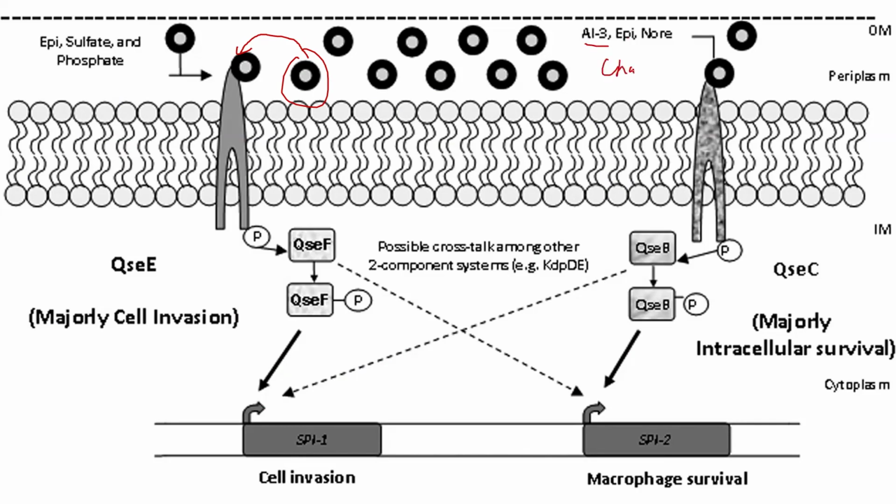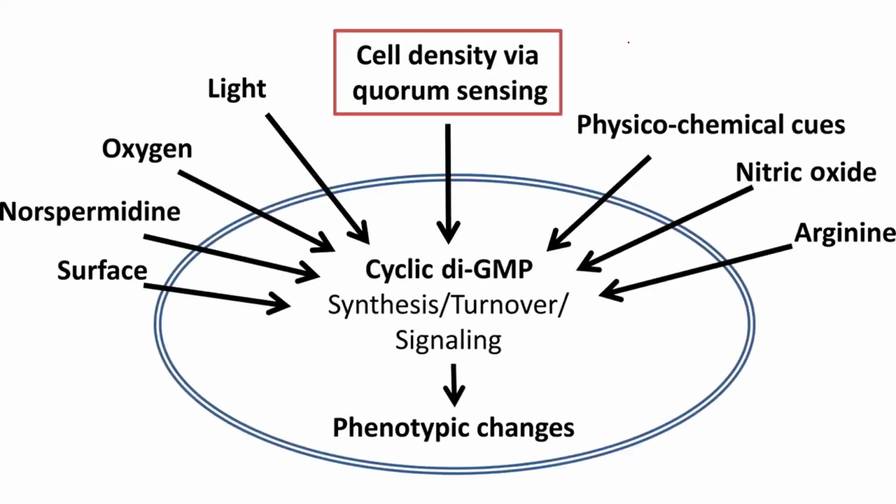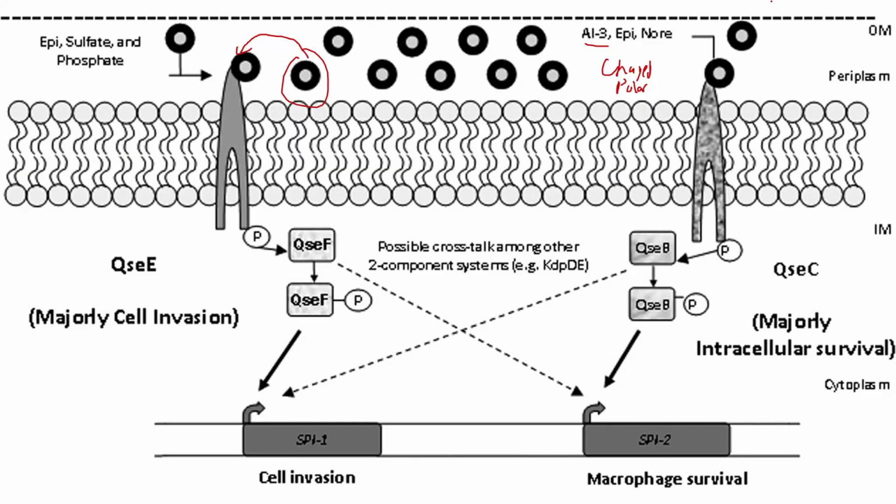AI3 has a really interesting history behind it in that it is a charged and polar molecule, and all of these autoinducers show increases in complexity and therefore an increase in the complexity of the receptors they bind. The increase in complexity in this case is that it looks very much chemically like epinephrine and norepinephrine. So now we're talking about autoinducers that look more like other types of signaling molecules that are more conserved in other organisms.